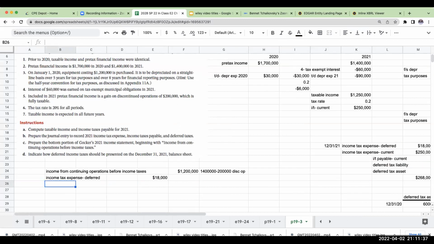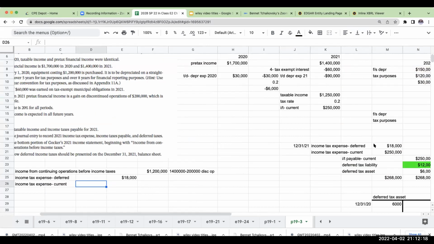That's not going to change. But my income tax expense current is going to be a little bit different. Okay, so my income tax expense current, that amount right over here, is going to be 250,000.